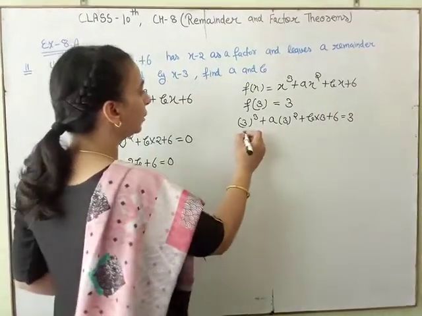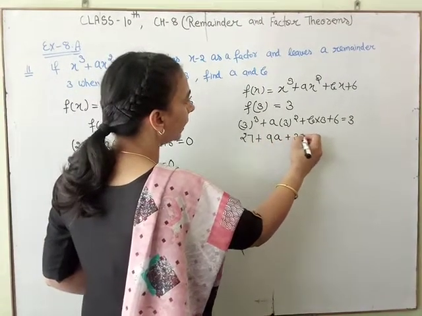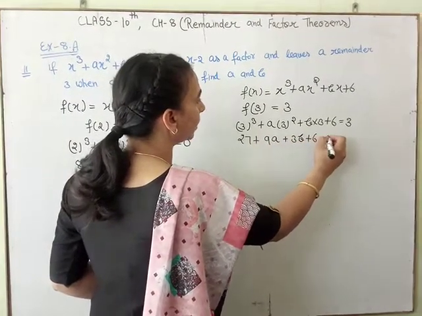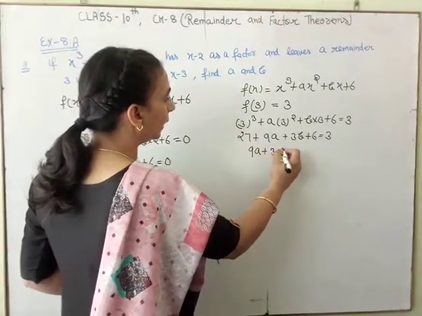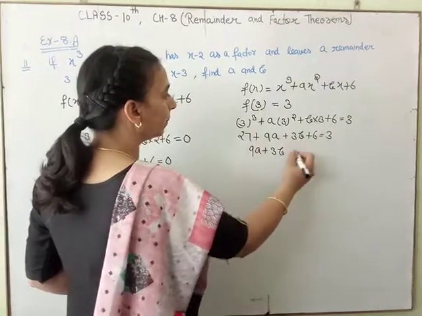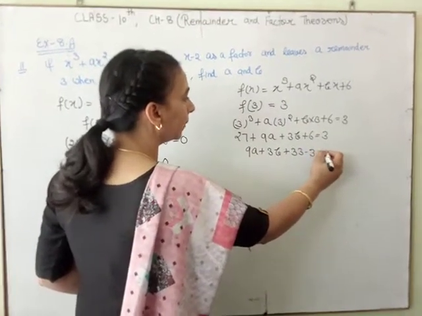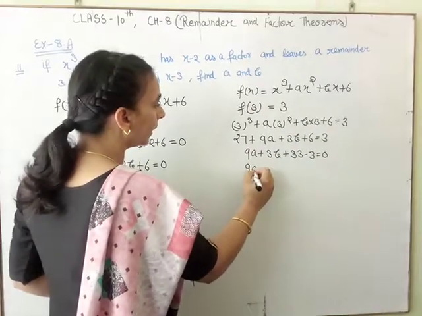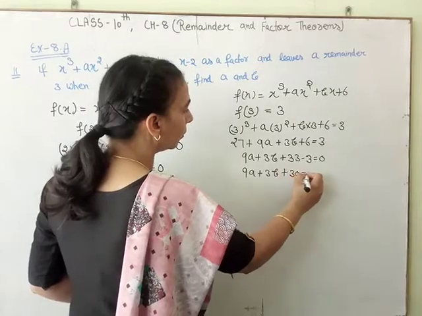Okay. Then 27 plus 9a plus 3b plus 6 equals 3. Okay student, 9a plus 3b plus 27 plus 6, which is 33, minus 3 equals 0. Next, 9a plus 3b plus 30 equals 0.